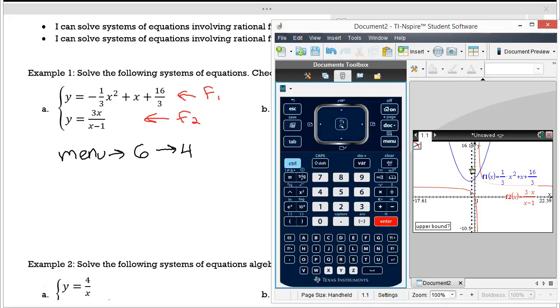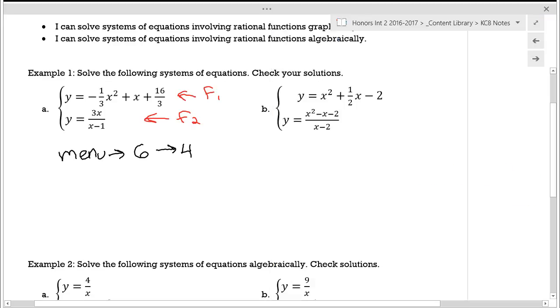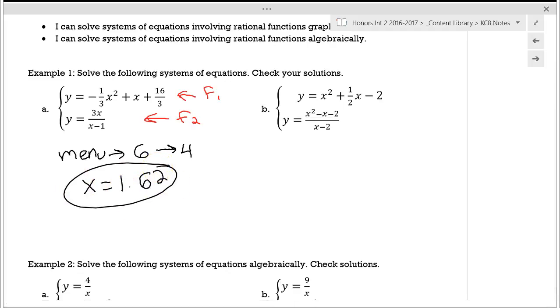I have to go to the left and to the right. For our solutions, we're only going to worry about the x value. So x equals 1.62.